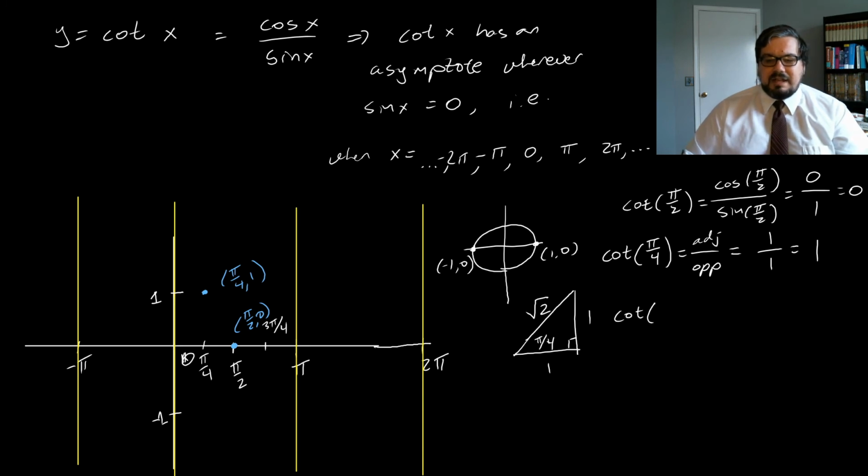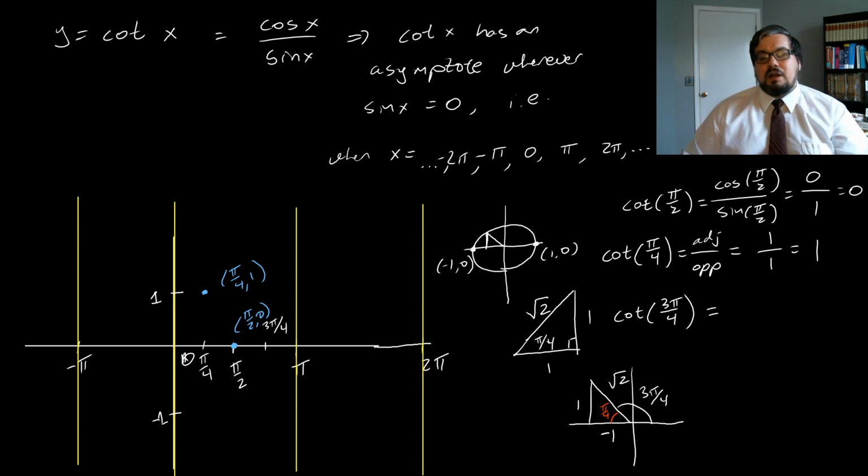And then if we have cotangent of 3 pi over 4, well, for this one, we'd want to work out the triangle over here on the unit circle, or on the graph. So if we've got the angle 3 pi over 4, that has a reference angle of pi over 4. So the triangle that's being constructed here on the graph is a 1, 1, square root of 2 triangle, except we need to label the horizontal side -1 because it's going to the left.